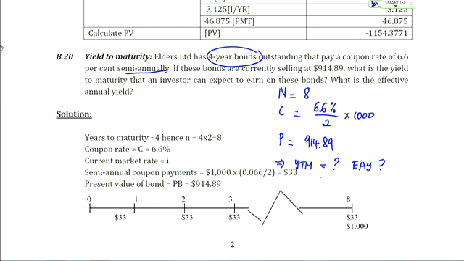What is the price that we need to pay today? $914.89. And remember, because it is the price that we have to pay, in order to receive the $33 coupon every period plus the face value, make sure that you understand that it should be an outflow. It is a negative number. Is it good? It should be an outflow for you.